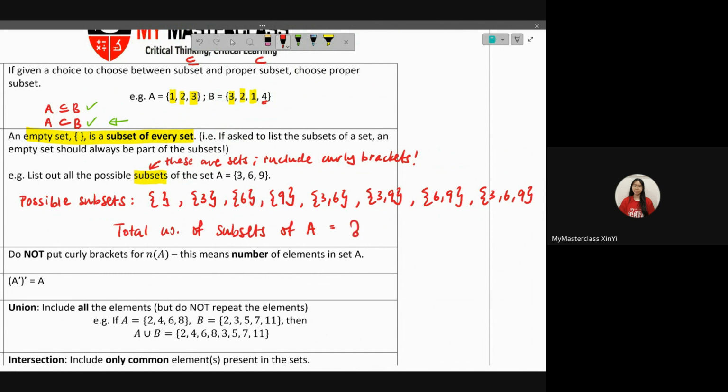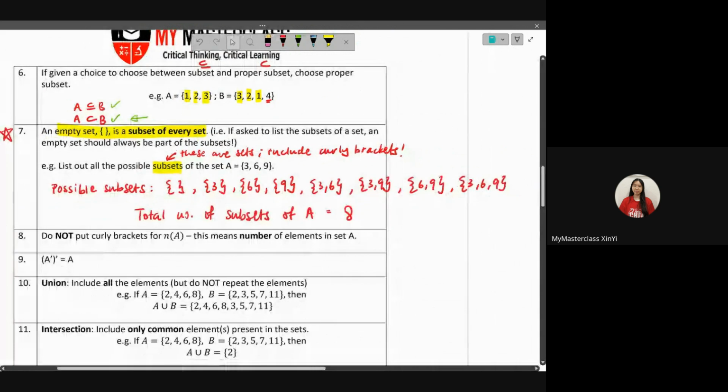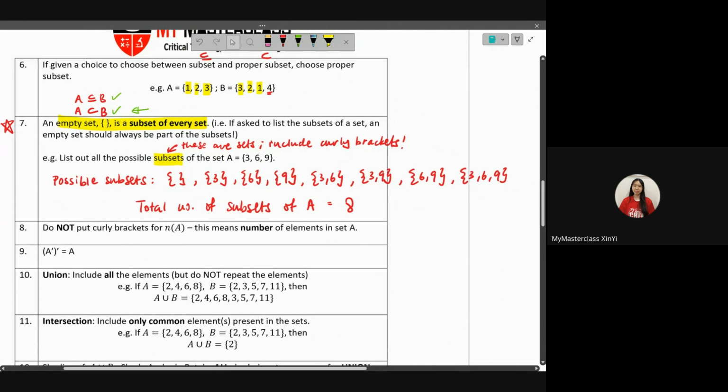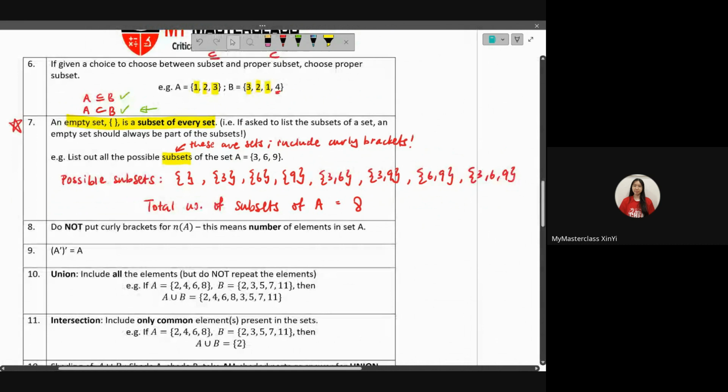So there are 8 possible subsets. This is just to test the understanding of what subsets are.